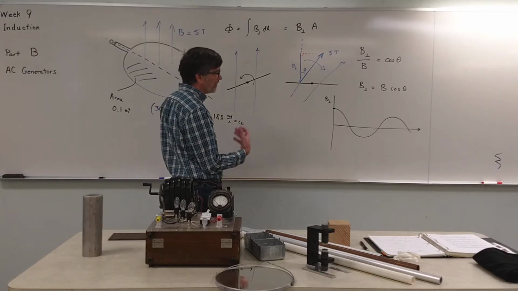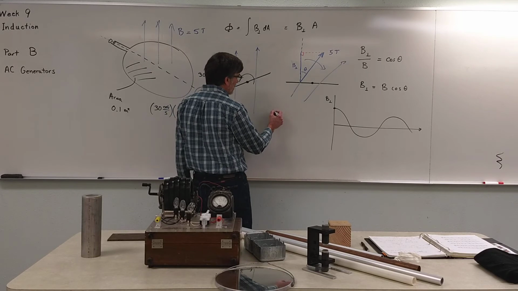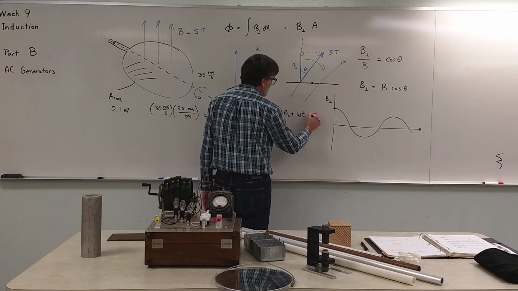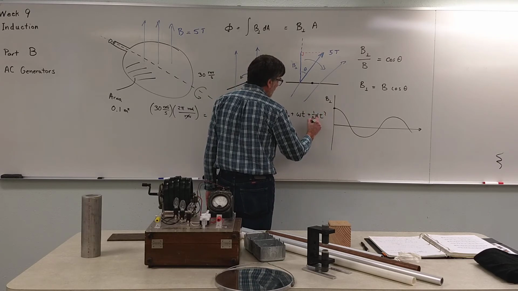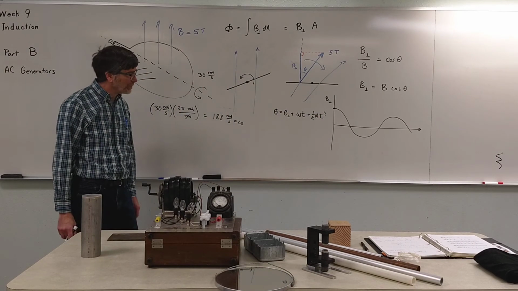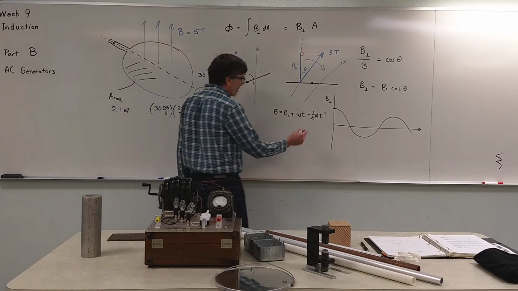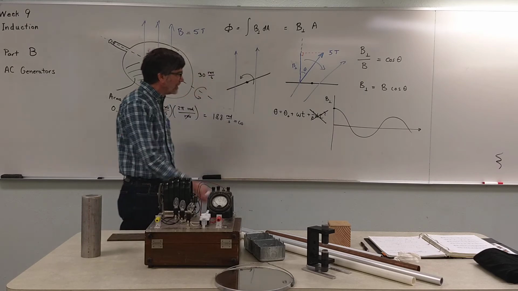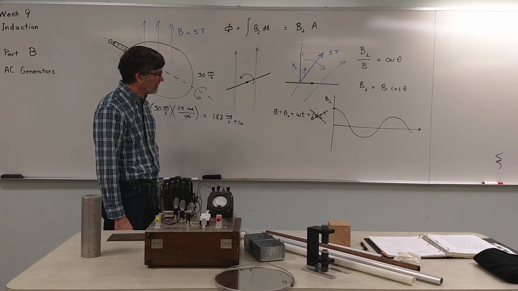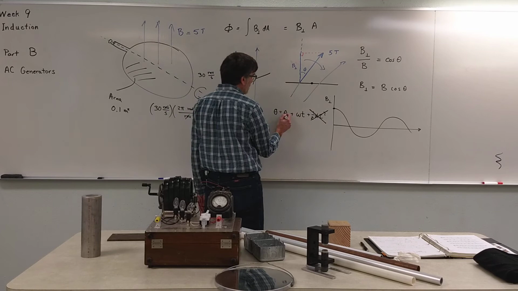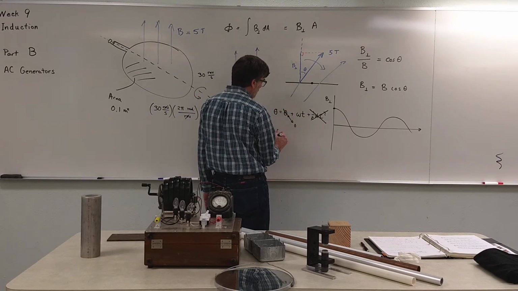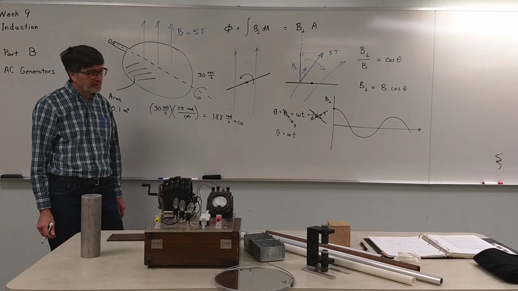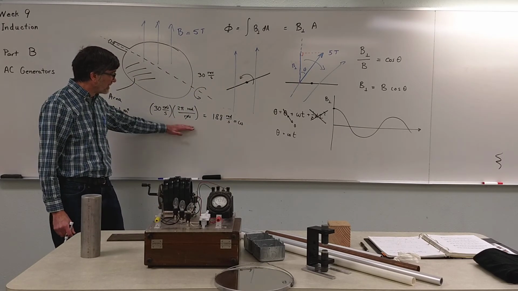Do you remember that theta is theta 0 plus omega t plus one half alpha t squared? Do you remember that kind of a formula? Well, we're assuming that it's rotating at a constant angular speed, so there's no acceleration involved. And we'll let it start at 0. So theta is just going to be omega times t. And we've already got omega.